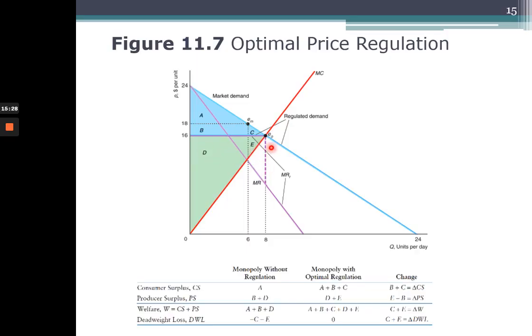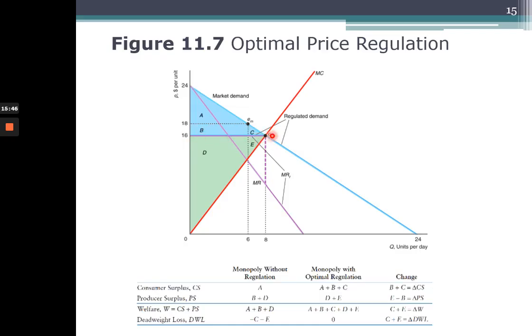Now, with this regulation, basically it's like perfect competition. It's forced to charge a price of 16. The demand curve follows this line up to this point, the same as the MR curve. Your consumer surplus is therefore areas A, B, and C, the area below the demand and above the price line.